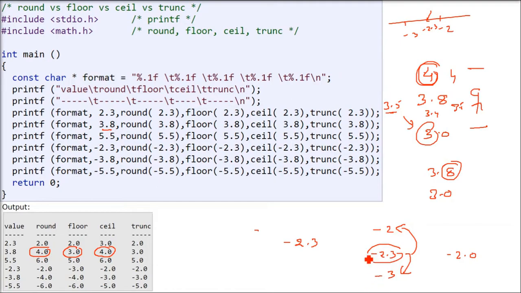Now coming to round. Minus 2.3 is between minus 2.0 and minus 2.4, because from minus 2.5 till minus 3, it will be the higher magnitude number. So the lower magnitude value will be taken. It will be minus 2. Minus 2 will be the result.